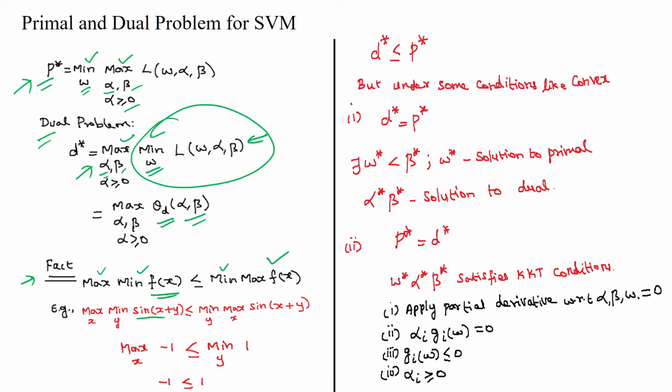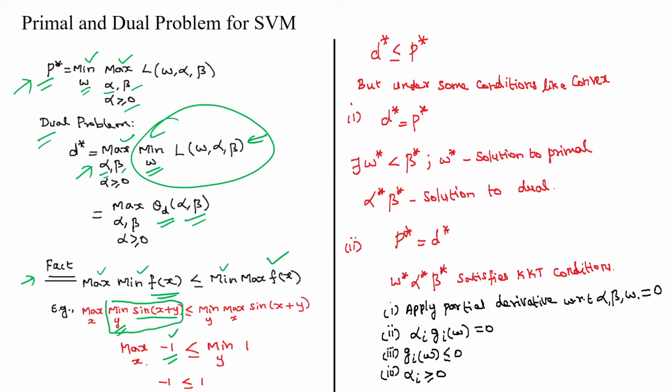For example, when you take f of x as sine of x plus y, then whatever value you substitute for the minimum y value, you will get a minimum of sine of that value, which is -1.